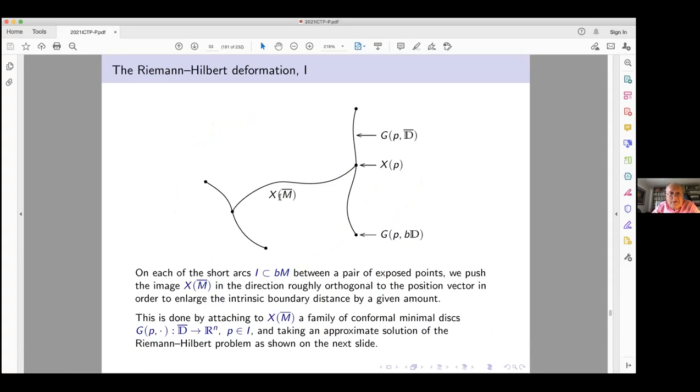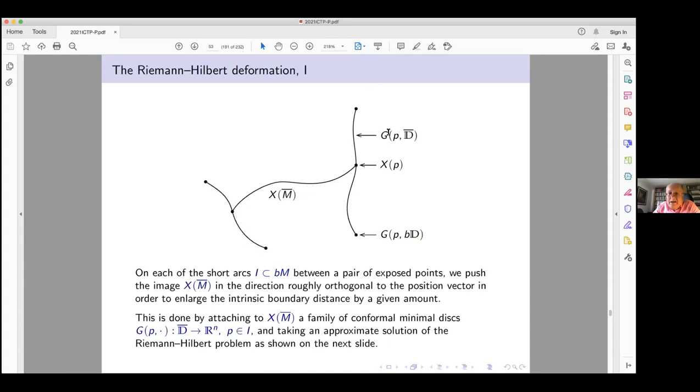And now I'm showing you the next technique, the Riemann-Hilbert modification. And this technique does the following. I'm first showing you a very simple two-dimensional picture. So here is the image of my surface in space. And at some boundary point of the image, I attach a minimal disk. And at some other boundary point, I attach another minimal disk.